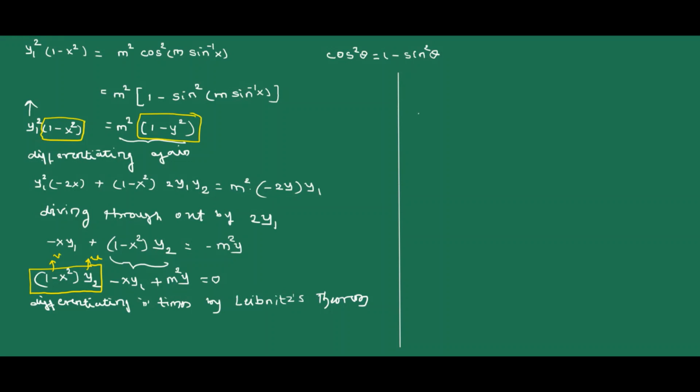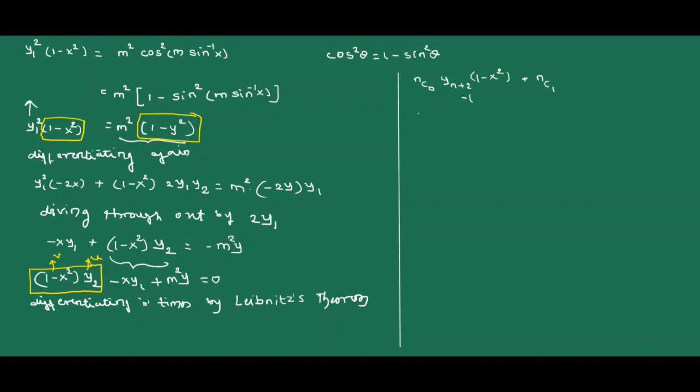So I will write first nC0. The nth derivative of y2 is y_{n+2}, and 1 minus x square as it is, plus the next term nC1.